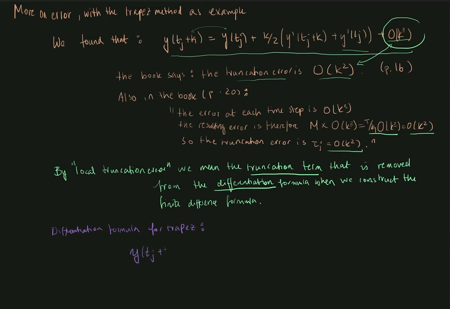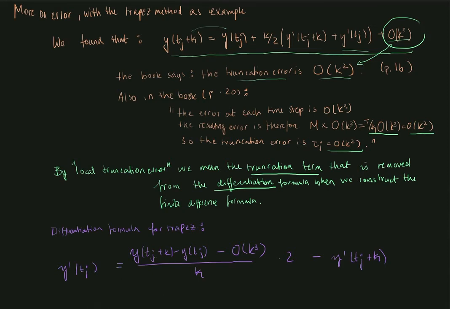I have y of tj plus k minus y of tj, and then minus something that has the same order of magnitude as k to the third, and I divide all of that by k halves, so I multiply by 2 up here, and then I also minus y prime of tj plus k. So this is my differentiation formula for y prime of tj.